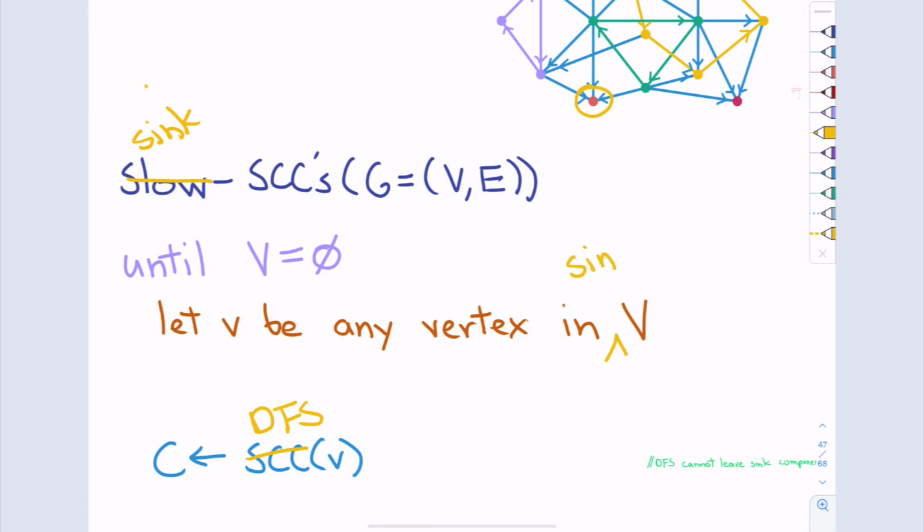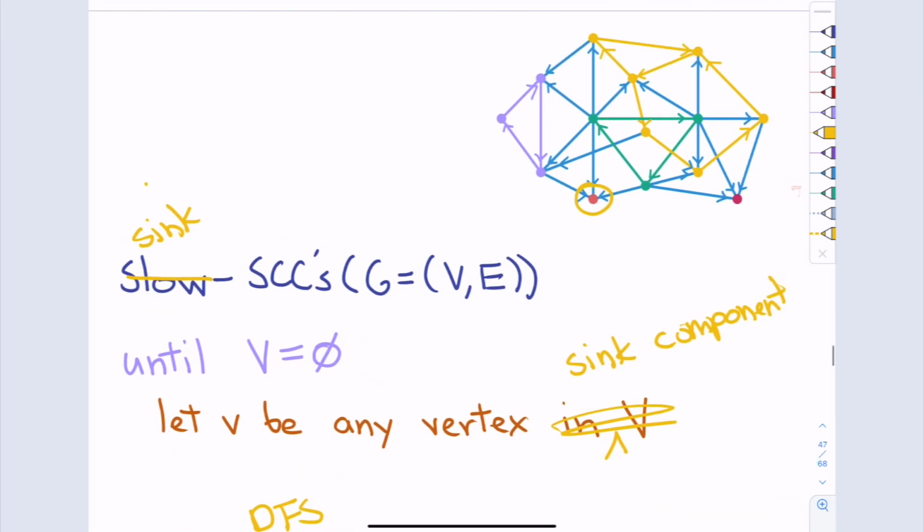So if I change my algorithm so that I'm not just picking any vertex among those remaining, but in particular one from a sink component, I only have to run DFS once, instead of in the reverse graph as well. And once I remove this from the graph, I rip it out.